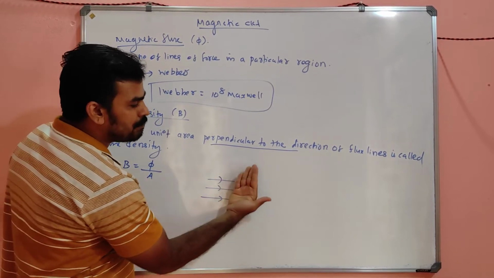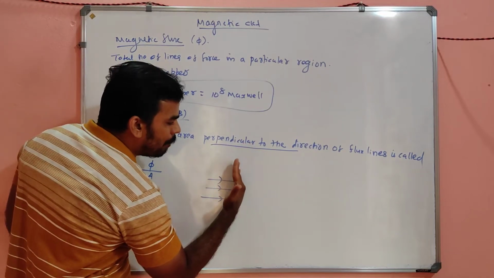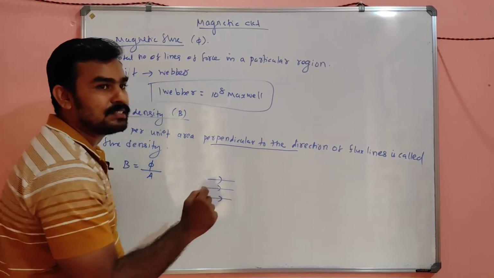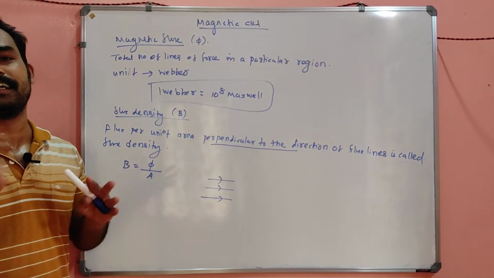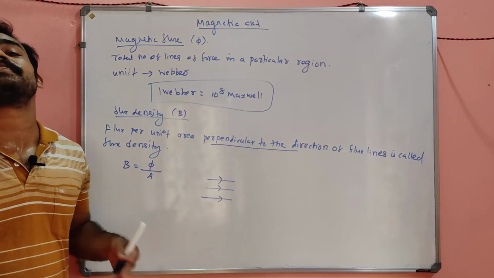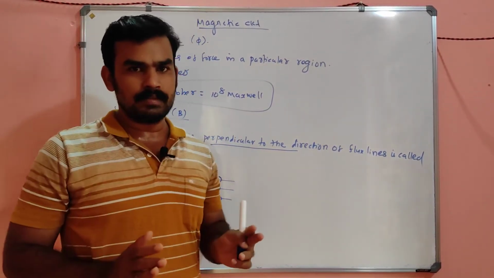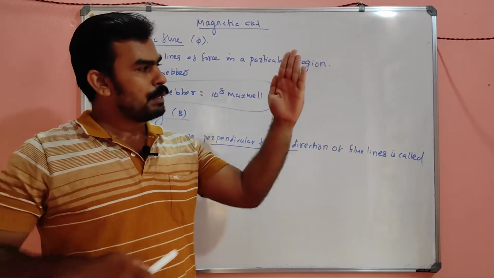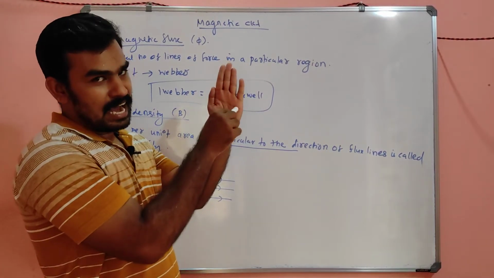I should face my palm exactly perpendicular to the direction of the magnetic flux line. Then only the flux density is correct. Flux density means flux per unit area.